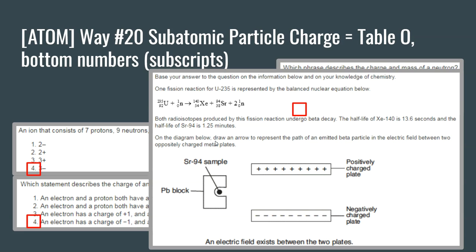On the diagram below, draw an arrow to represent the path of an emitted beta particle in the electric field between 2 oppositely charged metal plates. So really, you only have to use this information and the fact that we have a beta particle here to indicate the pathway that this beta particle will go. See if you can predict what the pathway of that particle will be.